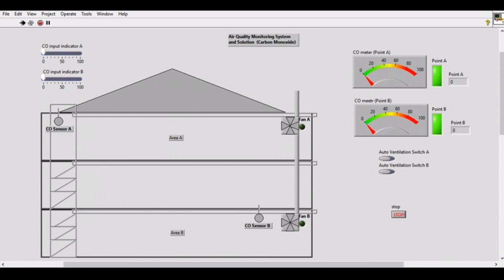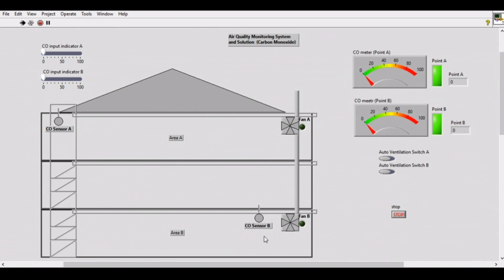In this simulation system, we have carbon monoxide input indicator A and indicator B to indicate the carbon monoxide. We also have carbon monoxide sensors at area A and area B to detect the carbon monoxide.